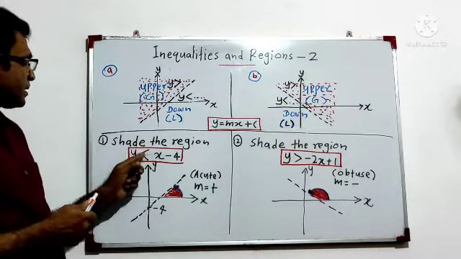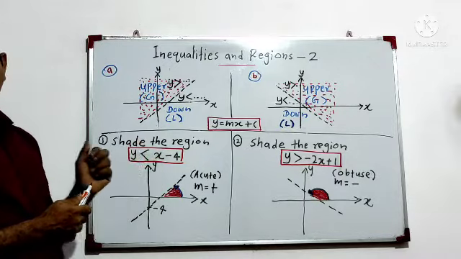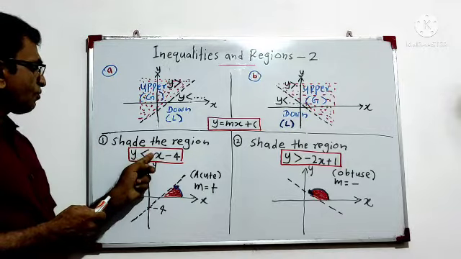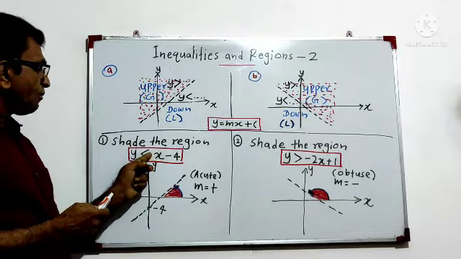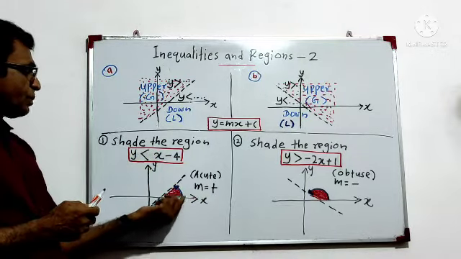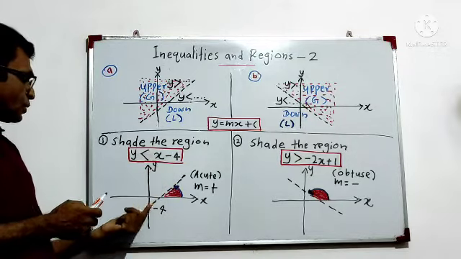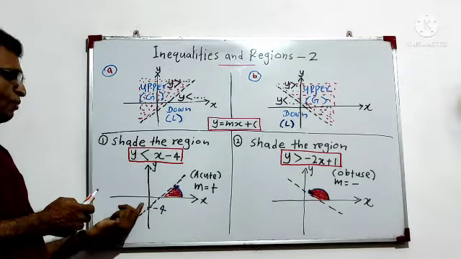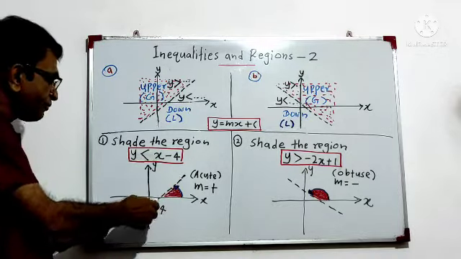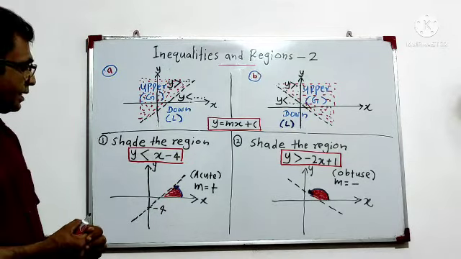Now y less than x minus 4, what is the gradient? The gradient is positive, that means 1x, positive. That should be an acute angle. Now the intercept is minus 4. Therefore it should go through minus 4 on the y-axis, right? So if you sketch this diagram, this type of graph will come, children, right?